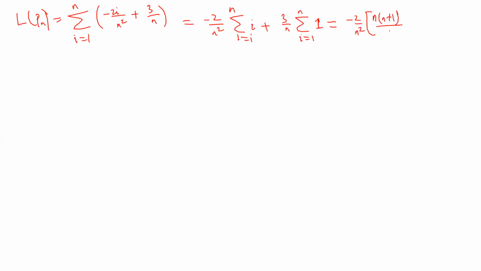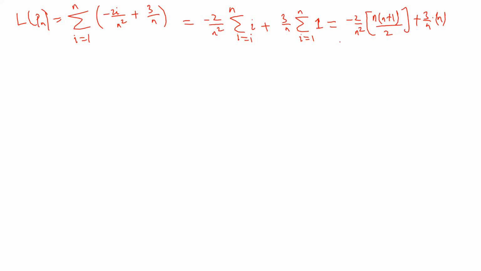1, over 2. I'm going to give the formulas of the sums up to cubes when you have higher order things to integrate. And therefore, this one here, out of 2, is 3 over n times n, because now we're summing 1.